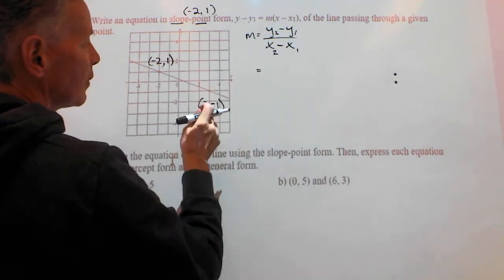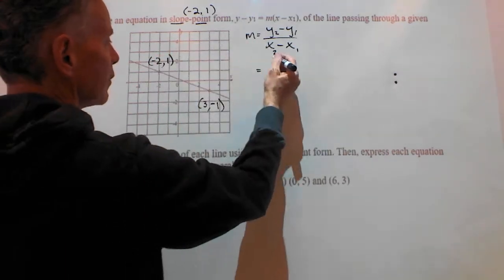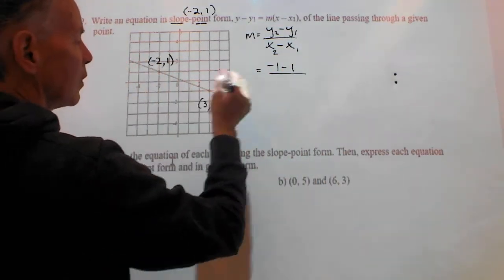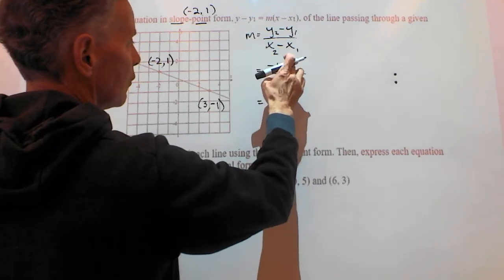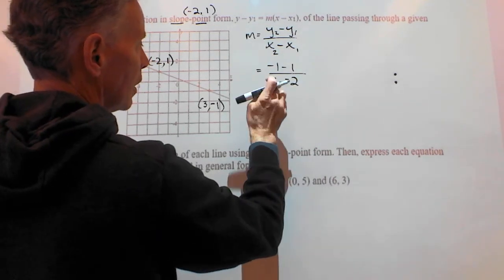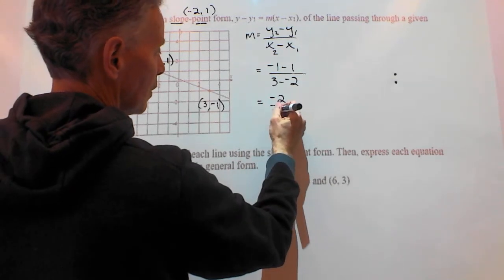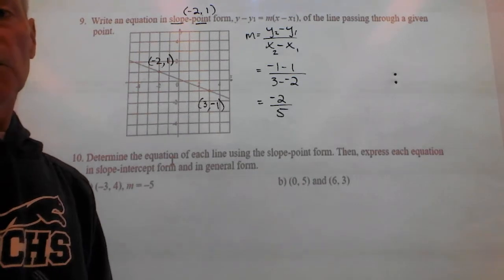That becomes y2 minus y1 is -1 minus 1. x2 minus x1 is 3 minus -2. -1 minus 1 is -2. 3 minus -2 is like saying 3 plus 2. That's 5. So there's our slope, -2 over 5.